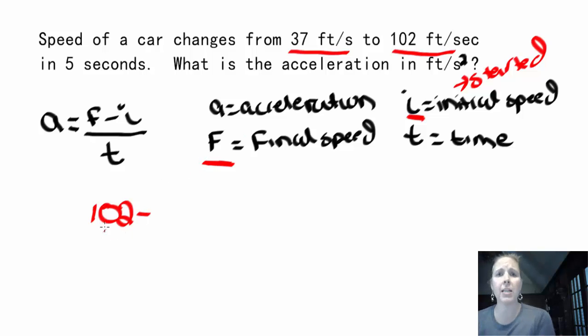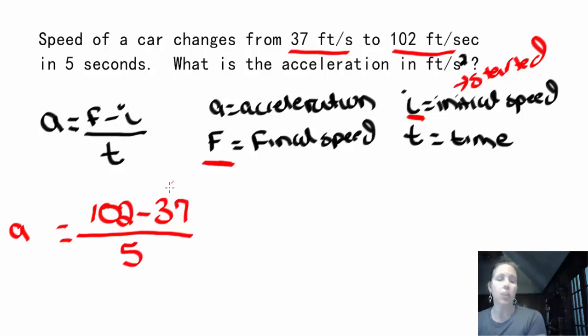The final speed is 102. The initial speed was 37, over t, which was time, which is 5 seconds, and this is acceleration. So 102 minus 37.